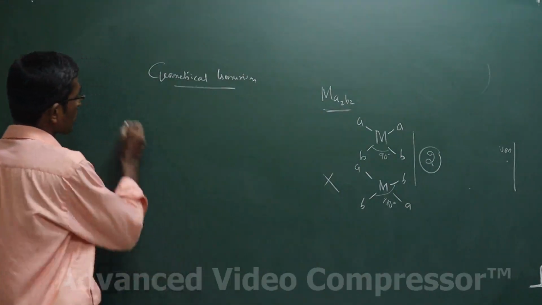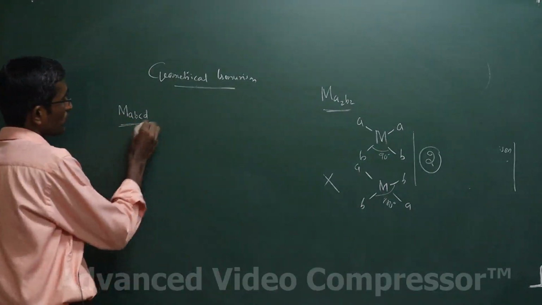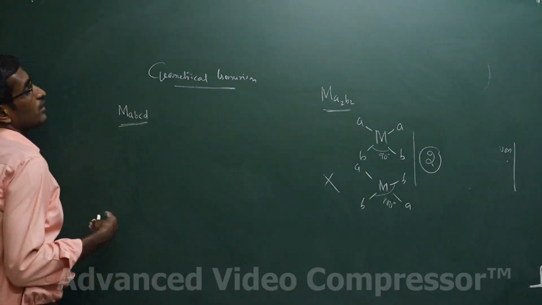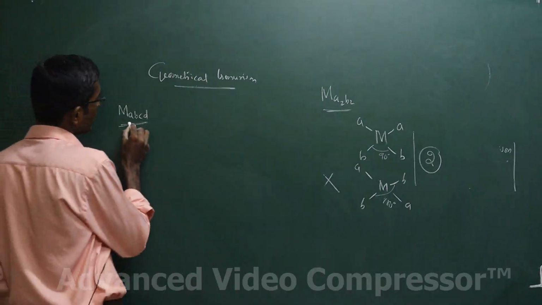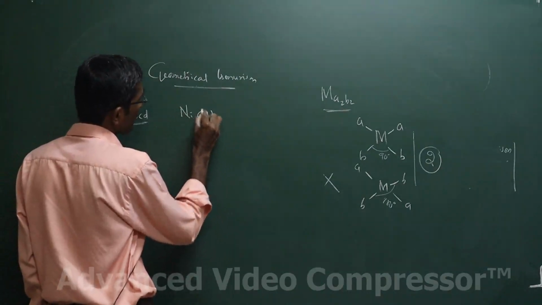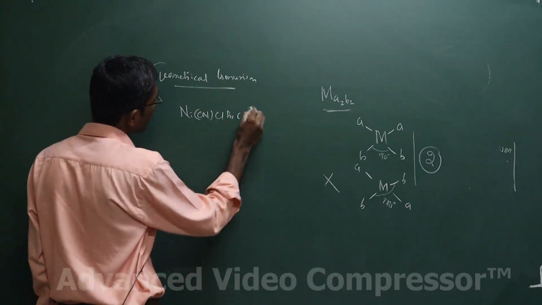I will take one more example, MABCD, one more kind of square planar complex. It may be like nickel, cyanide, right, Cl, Br, CO. This can be done.